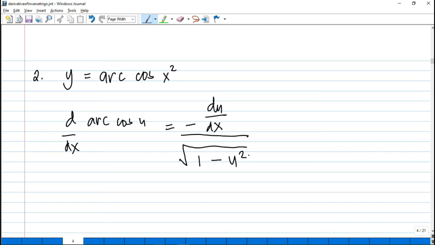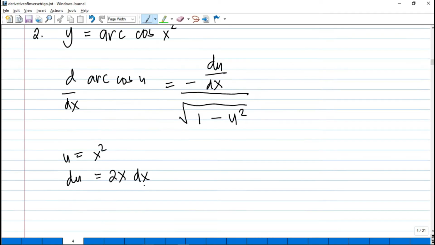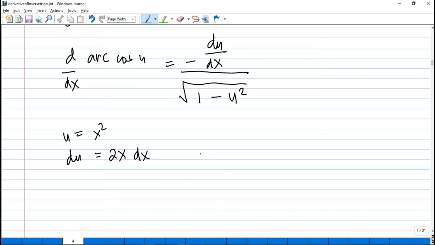So this is our formula for the derivative of arc cosine u. From this formula, we can say that u is equal to x squared from the given. Then the derivative of u, from the power formula, is du over dx equals 2x.